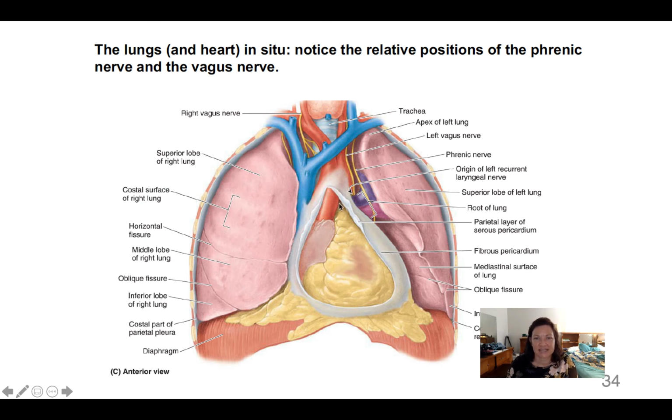And in this case, in the mediastinum, the pericardium has been peeled open, and you can see that the left lung has been reflected slightly, so you can see the root of the lung, or the hilum or hilum, depending on where you're from, which admits passage of the pulmonary arteries and veins, as well as the primary bronchus on this side, in this case, the left primary bronchus.